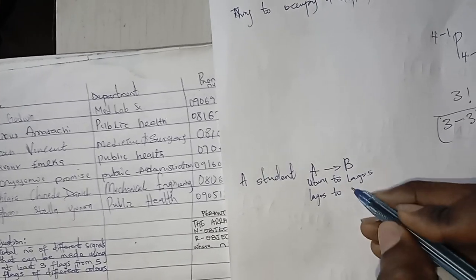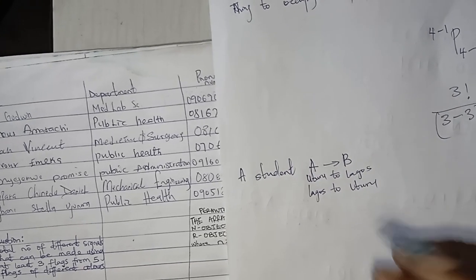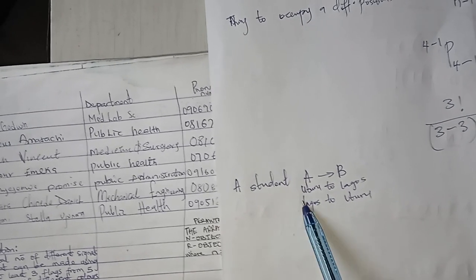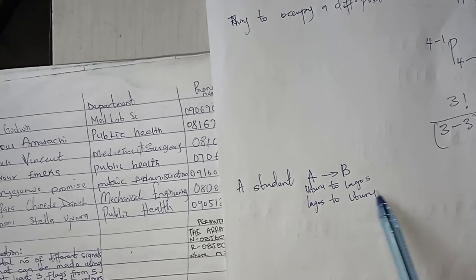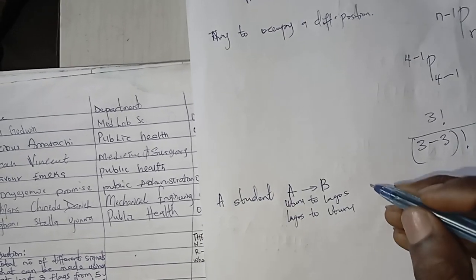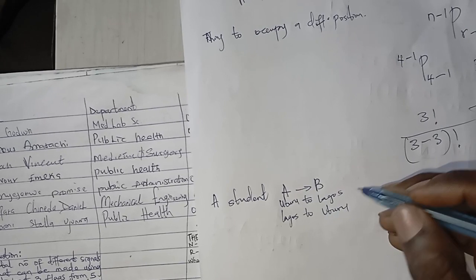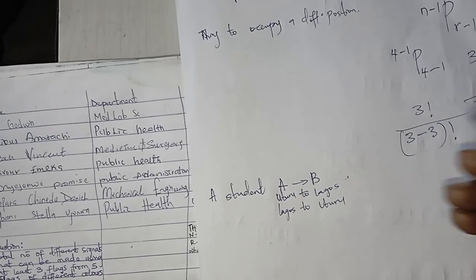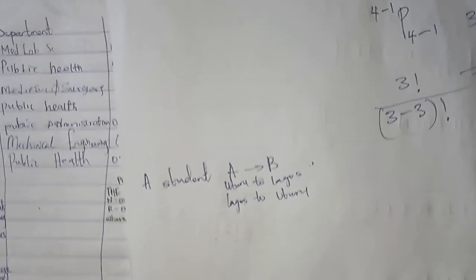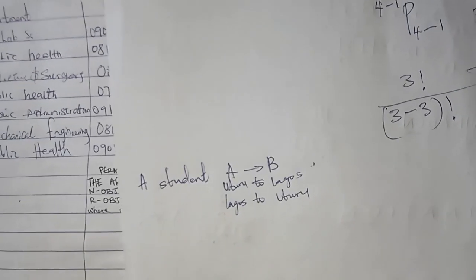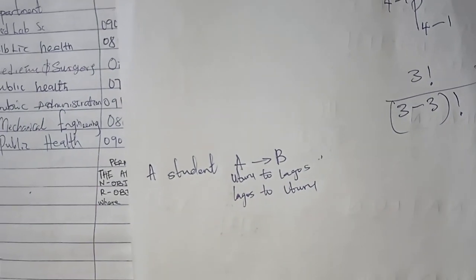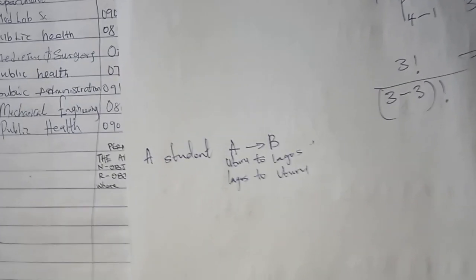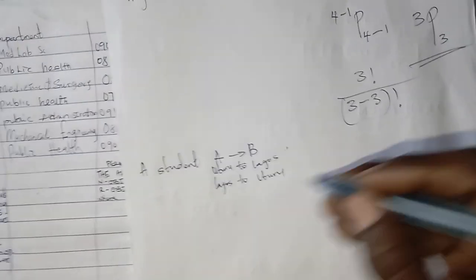A question can come where they ask you: if there are 10 airlines operating from Uturu to Lagos and Lagos to Uturu, in how many ways can a student go and return back? In how many ways can a student travel from Uturu to Lagos and return back from Lagos to Uturu? Question like that.